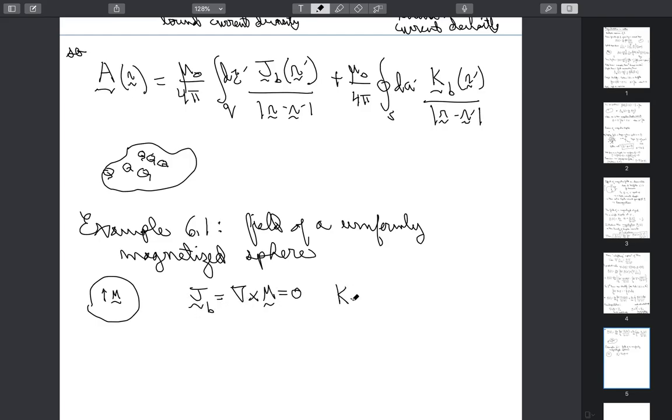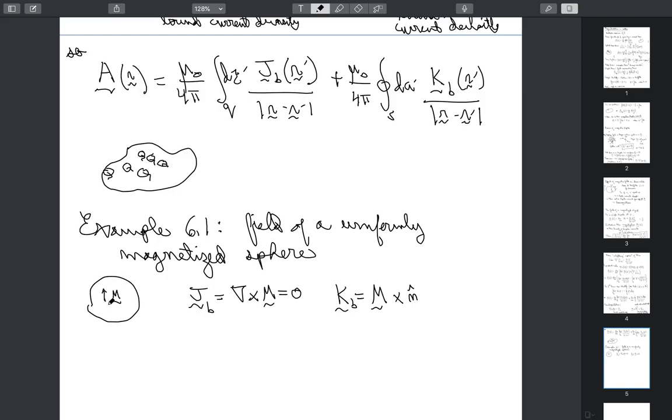The bound surface currents, however, don't vanish, because I've got here m crossed into n. Essentially, m is along z, and n will change as I go here. So there's the theta, and the theta hat vector goes like this. The phi hat vector would circle around like this.